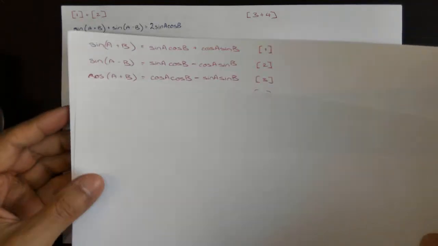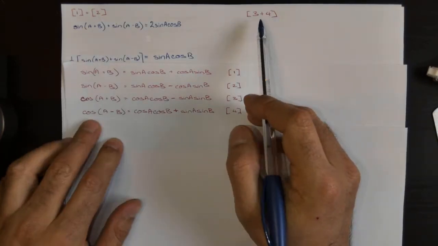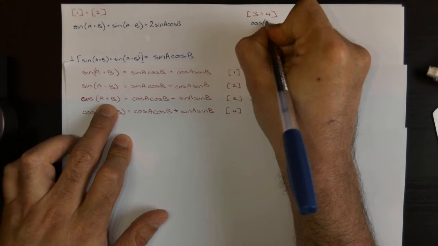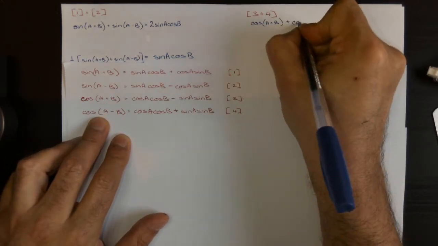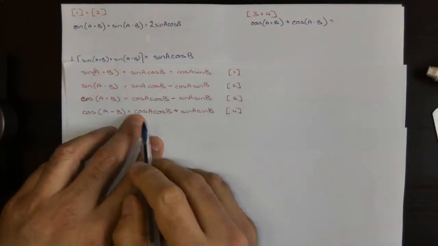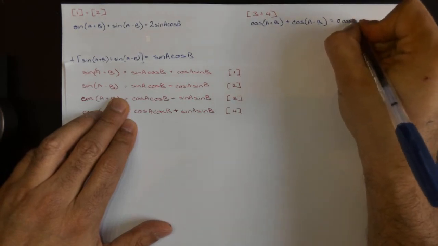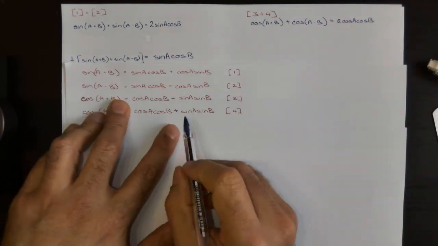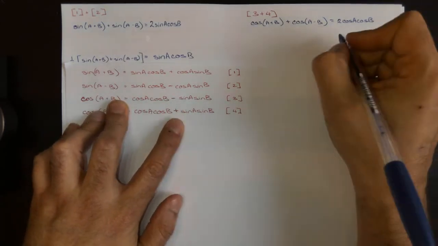Let us now add equation 3 and 4 together. So this is going to be cos A plus B added to cos A minus B. If I add these, that becomes 2 cos A cos B, and the sine terms cancel out.